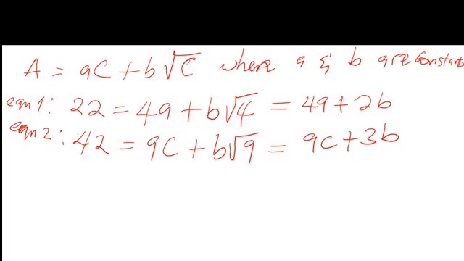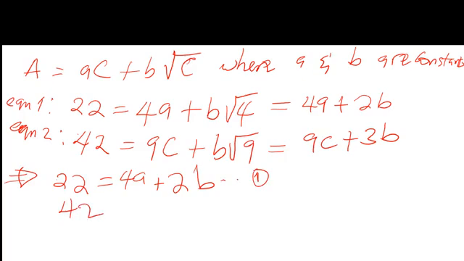We have 22 is equal to 4A plus 2B, that's equation 1, and we have 42 which is equal to 9A plus 3B, that's equation 2.